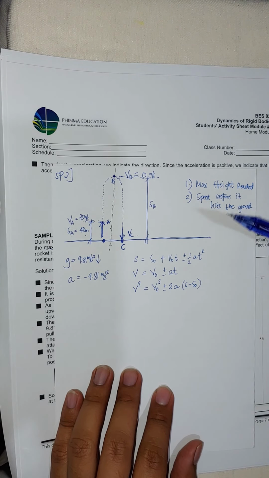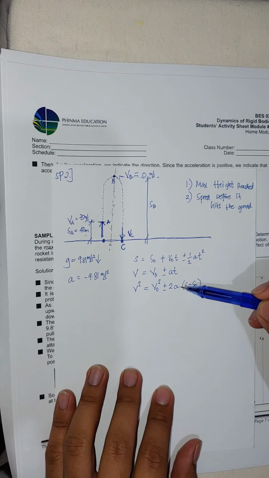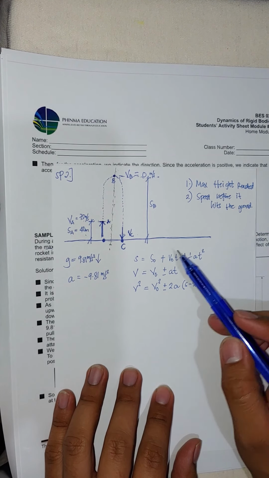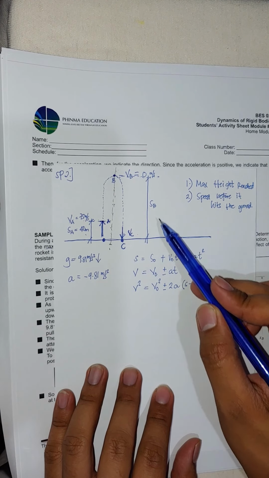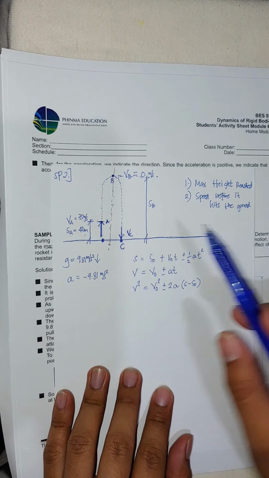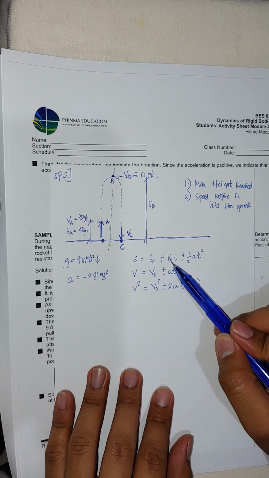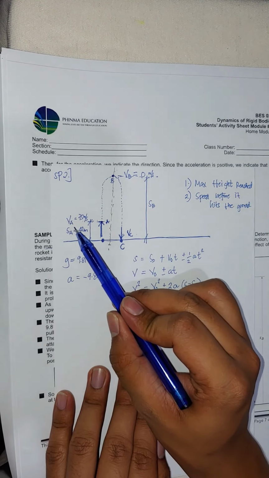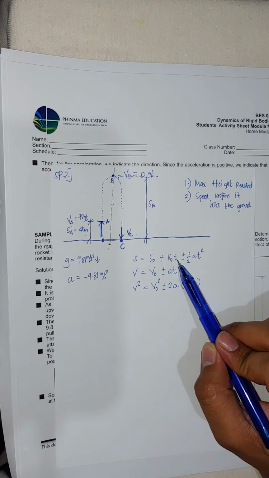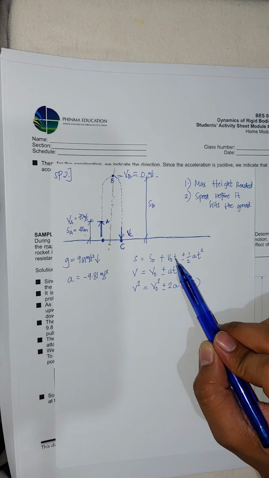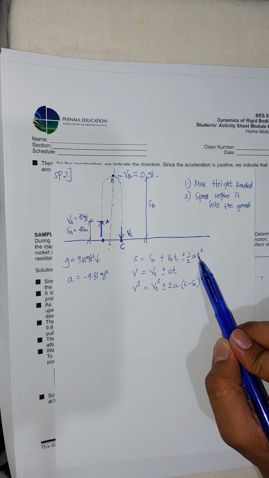So that is what we are looking for. Among these three equations, which will we use? In the first equation, the final height, let's say this is SB, initial height, let's say this is SA, we have the initial velocity, let's say this is VA. We have the acceleration, but there's no given time.